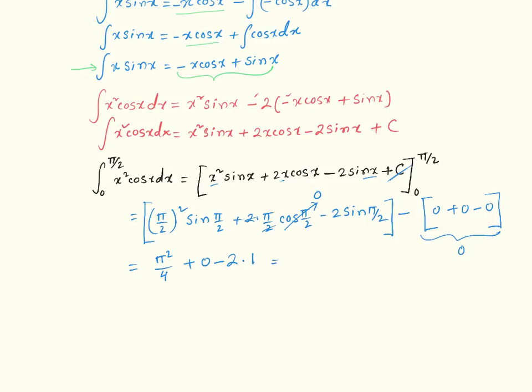So this becomes nothing but pi square over 4 minus 2. So my integral from 0 to pi over 2 of x square cosine of x dx is going to be pi square over 4 minus 2. So that's what the final answer is.